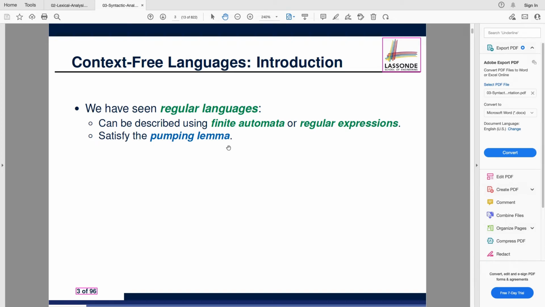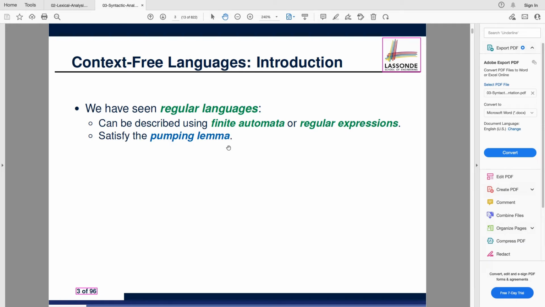Just very briefly, if you actually want to prove that a language is not regular, you will need to prove by contradiction. Similarly, when you want to prove a language is not context-free, meaning that you cannot really have a grammar for that, you also need a pumping lemma. There are two versions of pumping lemma, one for regular language, the other one for context-free language. And the pumping lemma for context-free languages is really a lot of fun.